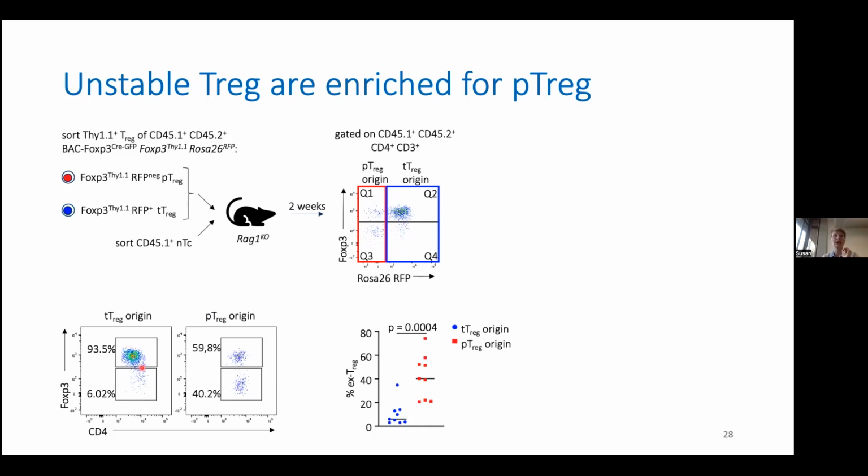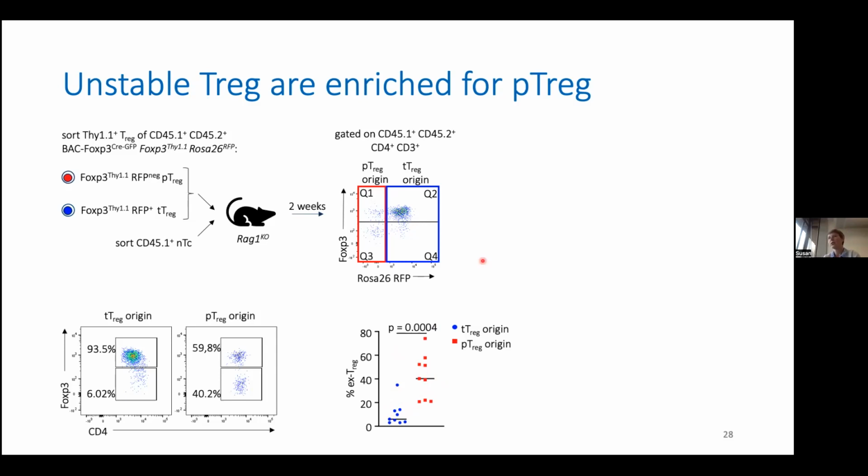By just looking at the frequency of X-Treg that we get from each population, it's quite clear T-Treg are much more stable than P-Treg. Also here, you once more see that the peripherally derived Treg in red give preferentially rise to X-Treg compared to the thymic derived Treg.